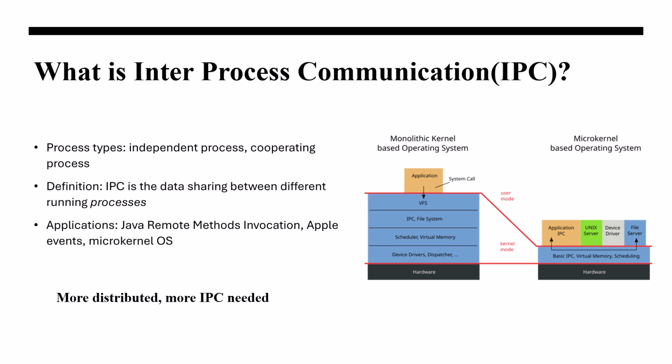I also provide some applications here. The first one is Java RMI. This is a Java API that allows different programs to share a common Java class. And Apple Events is the basic inter-application communication mechanism in macOS.